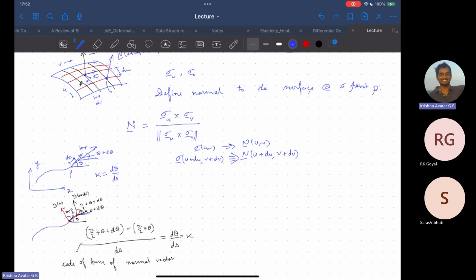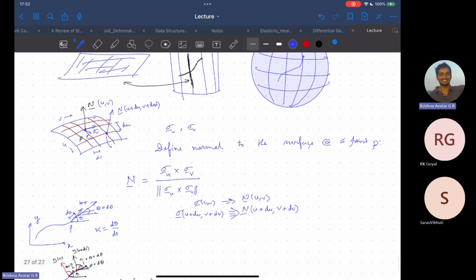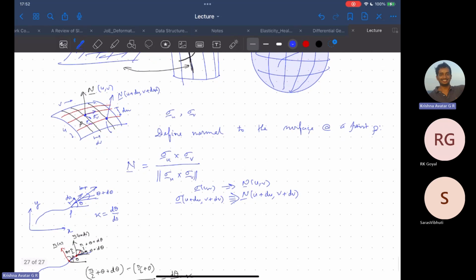Right. So what I'll do is try to define, similar to what we had done for the curves. Of course, it was very ad hoc.